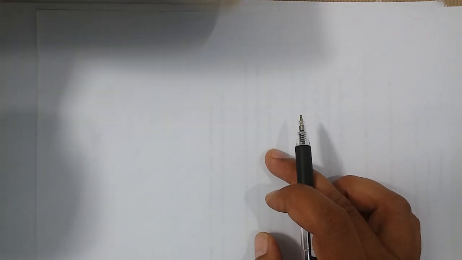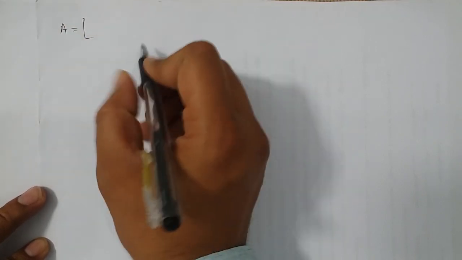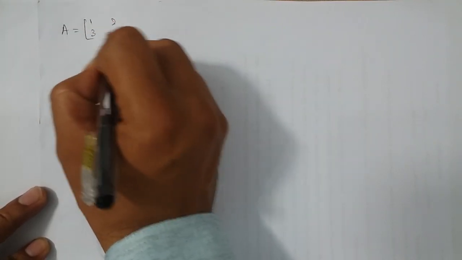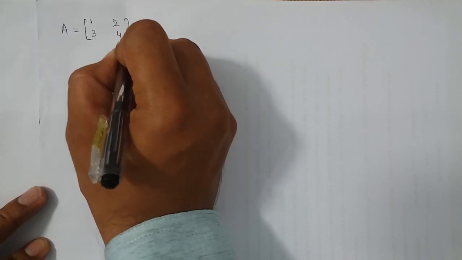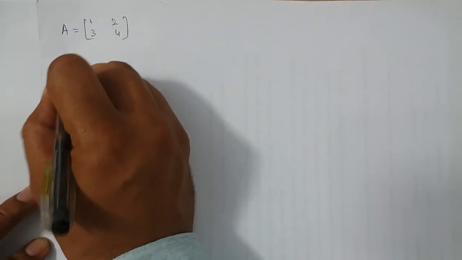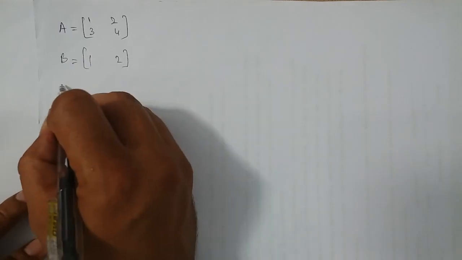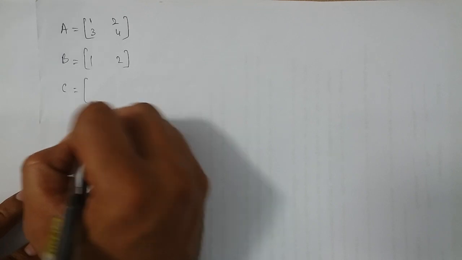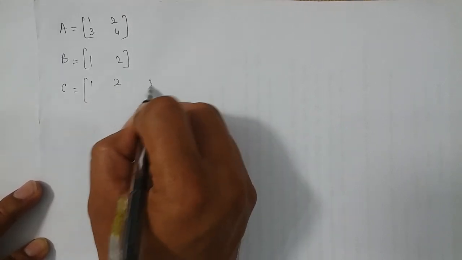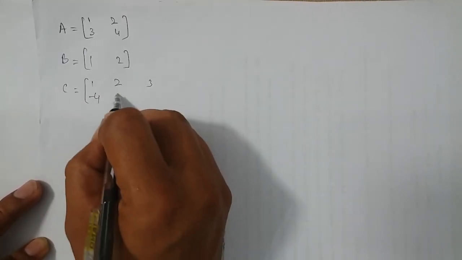So let us write some matrices by ourselves, so that you will be able to understand how we can write a matrix. For example, just suppose A is a matrix 1 2 3 4, then matrix B 1 2, this is also a matrix, then matrix C 1 2 3 minus 4 5 6.